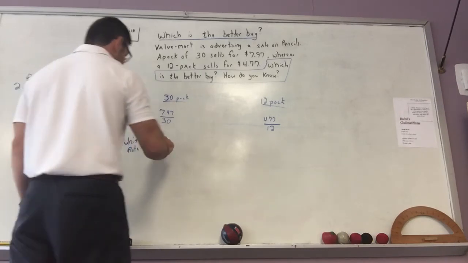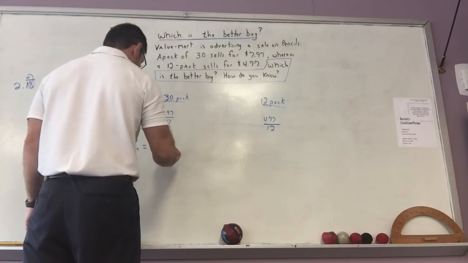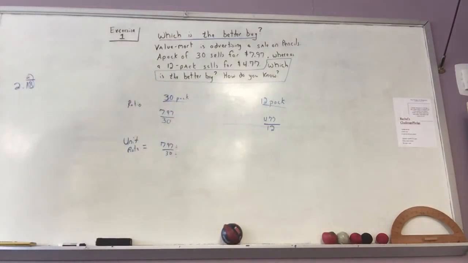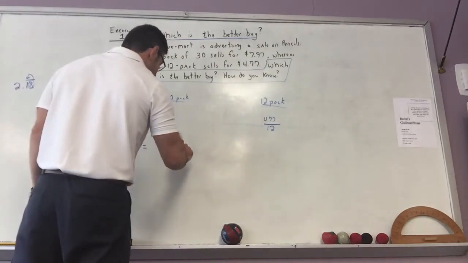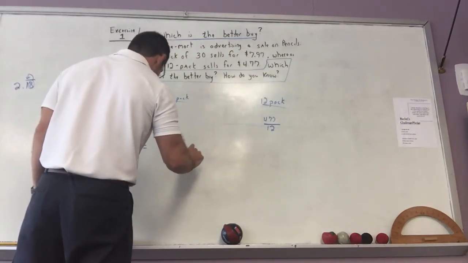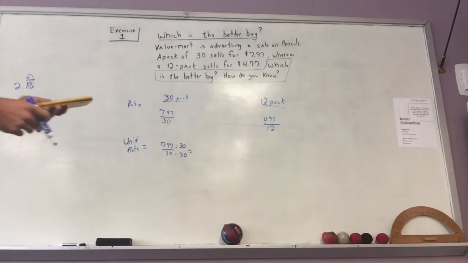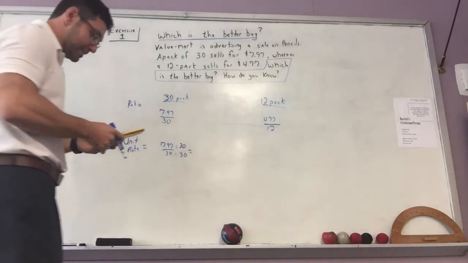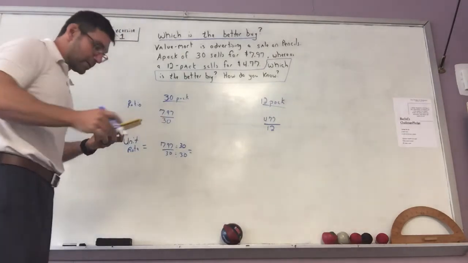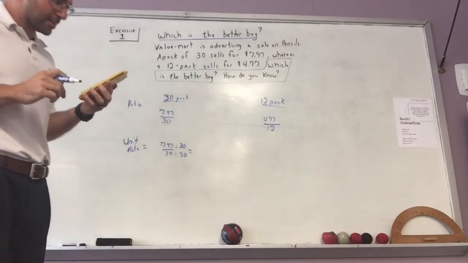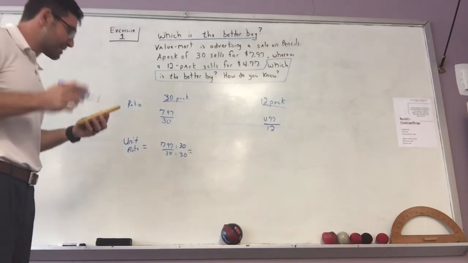So same thing. I've got $7.97 divided by 30. In order to find the unit rate, we're dividing the numerator by 30. Would I love for you to use long division and do this? Yeah, there are going to be times that I'm going to ask you to use long division. Today is not one of those days. Get your handy dandy calculator, type in 797 divided by 30, and we're going to get a long decimal of 2,656 thousandths, and the 6 is repeating.